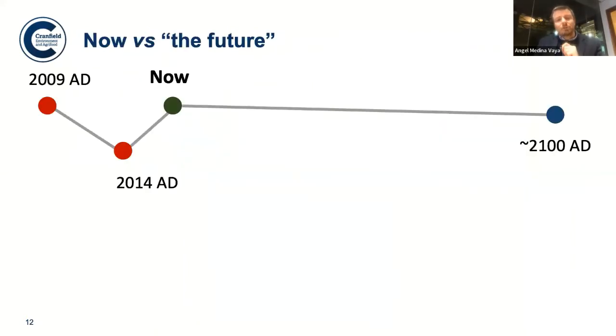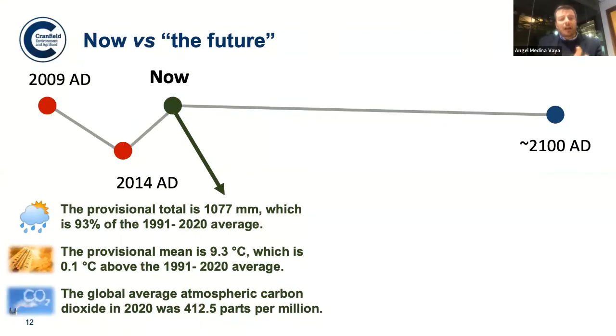So now let's focus on these three parameters. Let's talk again about our timeline, and let's go back to now. What do those look like now? This is the data for the UK, published for 2021. The provisional data about rain says that it only rained 93% compared with the average of the last 30 years.